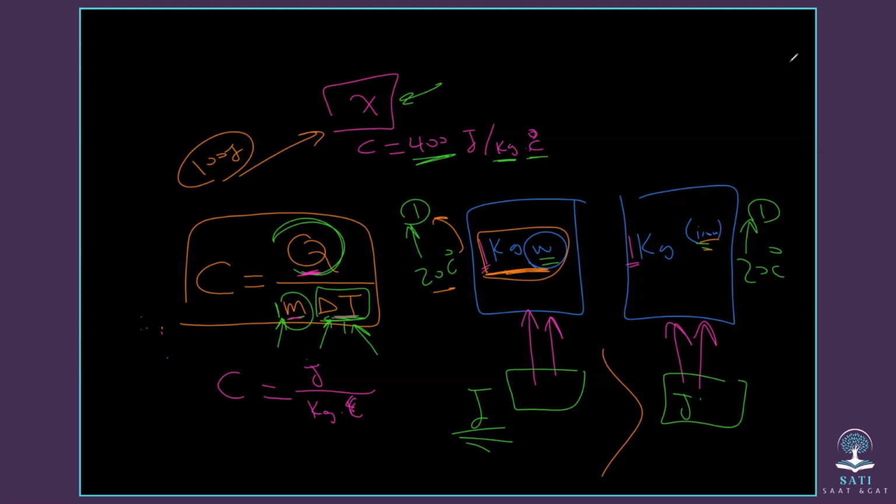What will this energy be able to do? Since this 100 is a quarter of the 400, this 100 will be able to increase a quarter of the mass, that means a quarter of 1 kilogram of this material, by 1 Celsius.